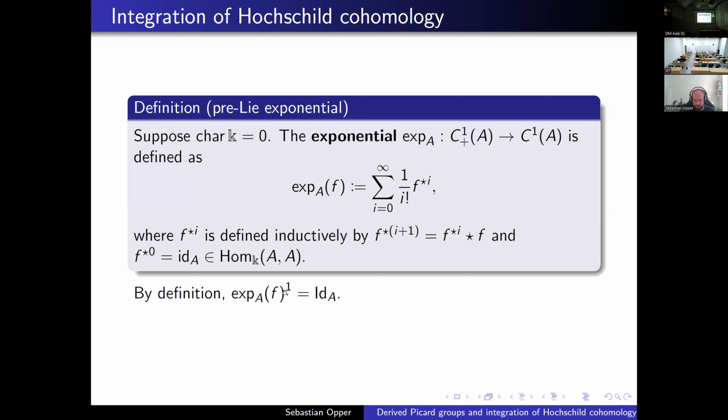This is maybe confusing notation, maybe there's a bracket missing. The exponential of f is an element in the Hochschild complex, and this has different components depending on the arity of the entries. The arity 1 entry is exactly this identity here.